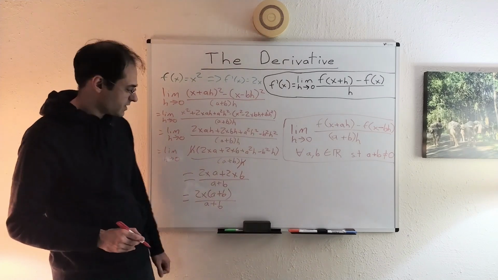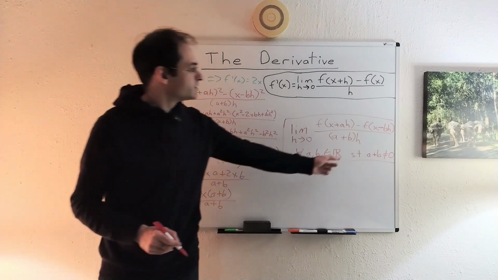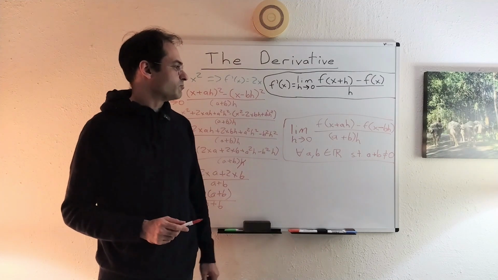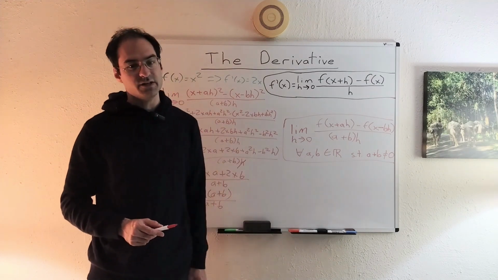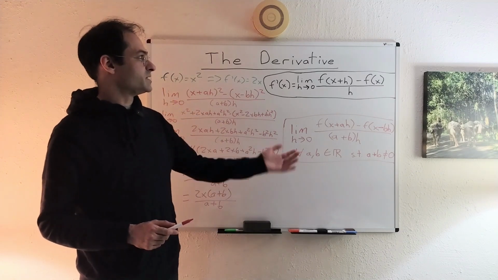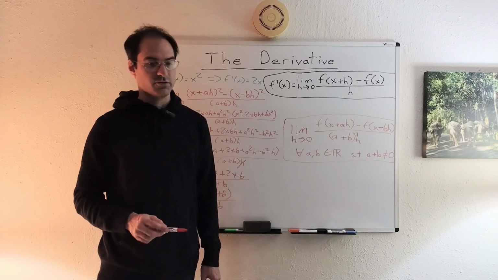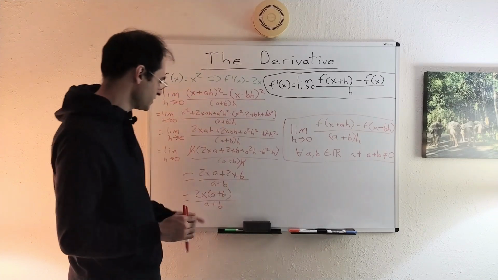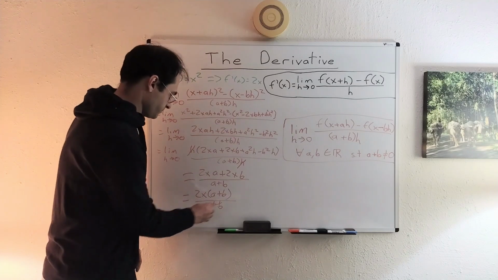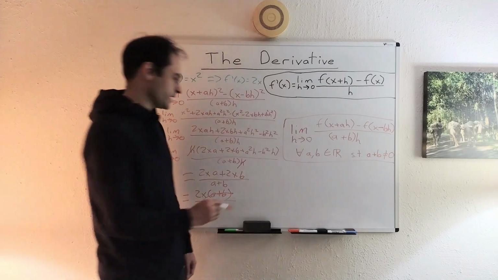So we get this, and then remember, this transformed version of the derivative only works if a plus b do not sum to 0. If they sum to 0, we'll just get a 0 over 0 expression. So here, a plus b over a plus b, we can cancel those, and we just get our 2x.